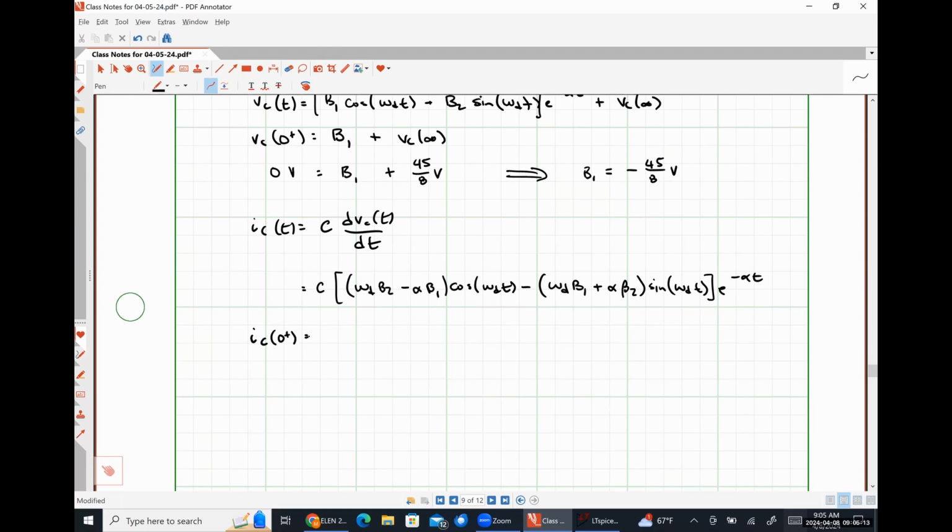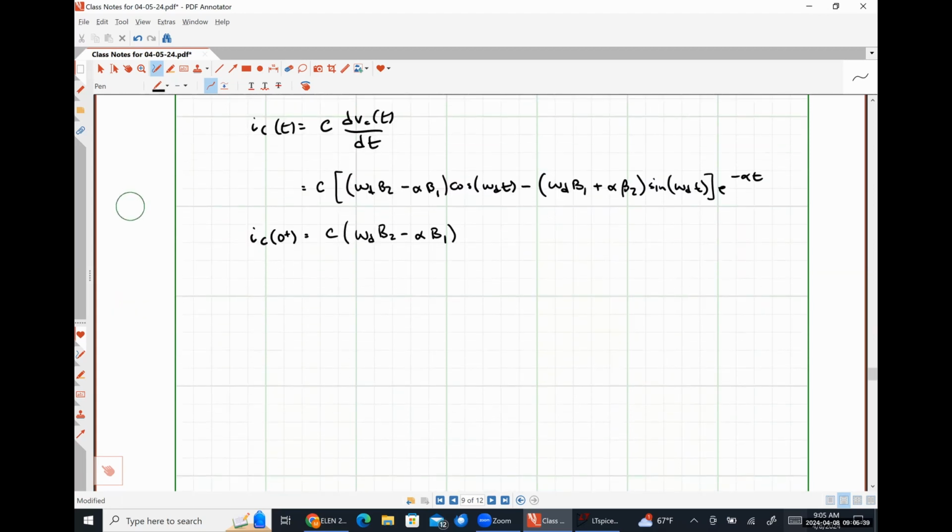The only part that's going to survive this is C times omega d B2 minus alpha B1, because at 0 the exponential just looks like a factor of 1.